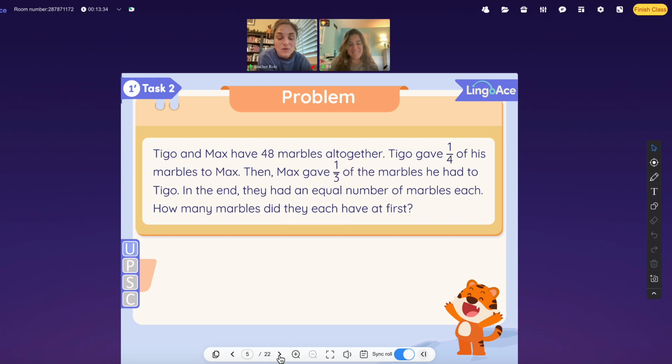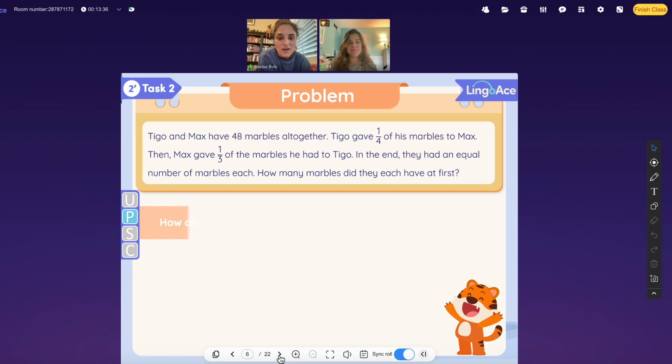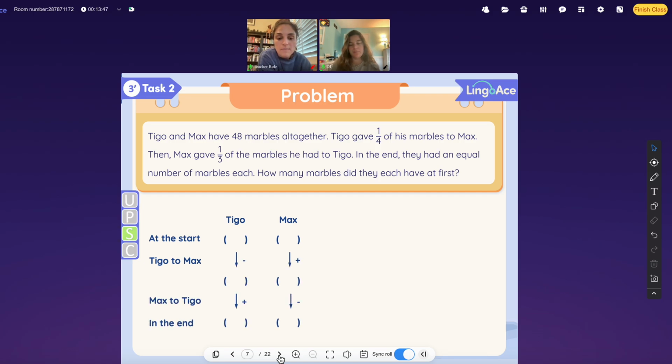So, you already described the situation. Great job. Okay, so we plan to solve by, remember we have our fun chart, and at the end we know that they both have 24. Very good. So now we have to work backwards from here.